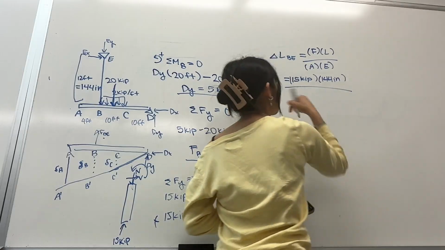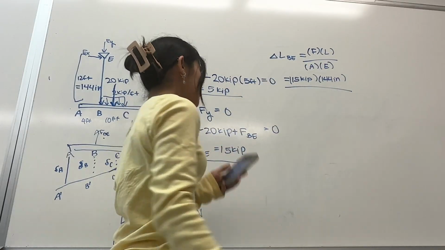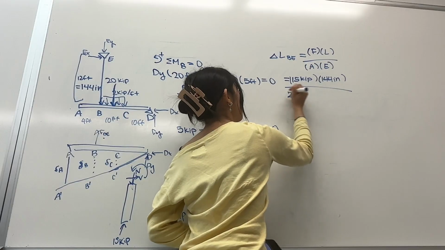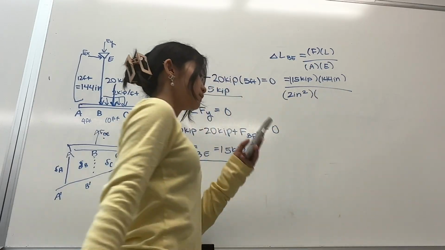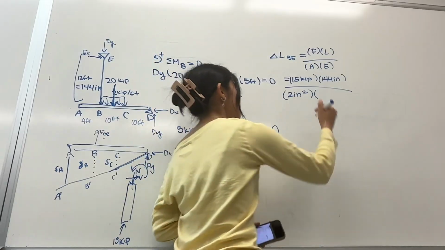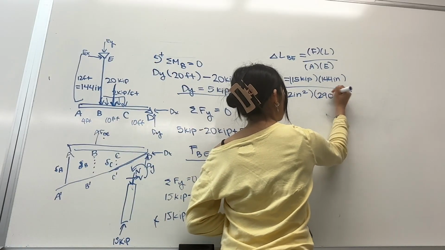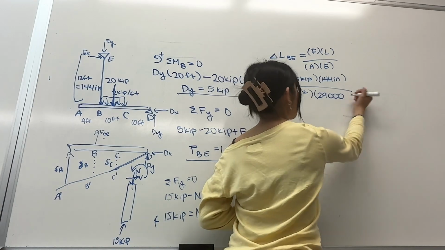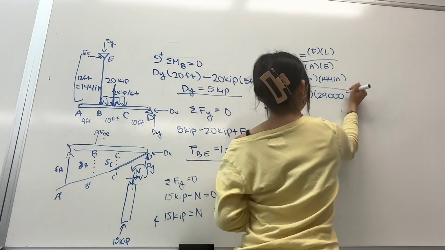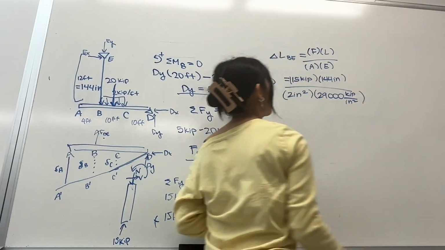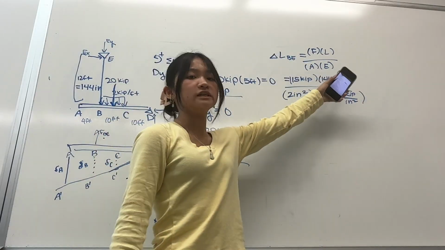And then our area, which is 2 inches squared. And then finally our modulus of elasticity, E, which is 29,000 KSI. And KSI is the same as kip over inches squared, which is why we have inches up here too.